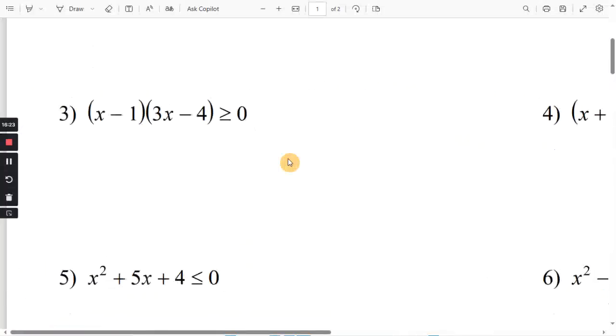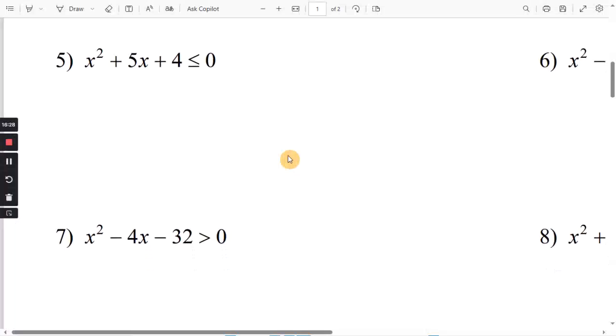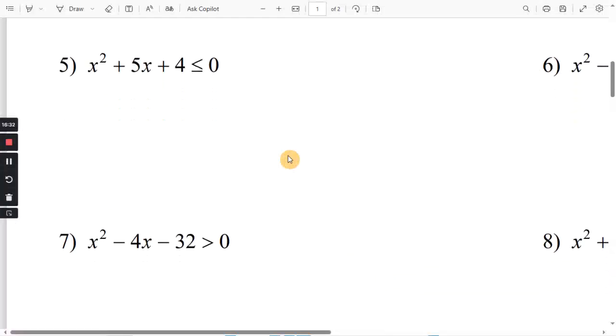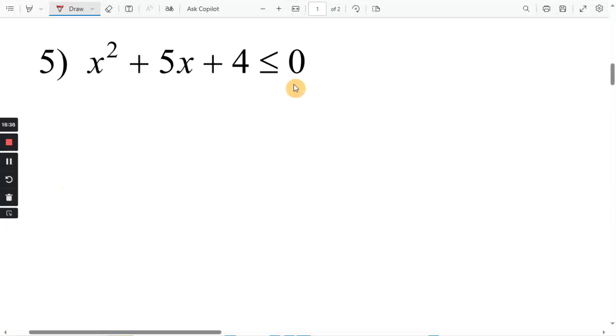All right, so let's try number 5. All right, so number 5, we already have 0 on one side. We're good there. And we can factor this. Because there's no coefficient in front of x squared, we just factor out 4, write out the factors, and see when we have a pair that adds to 5.